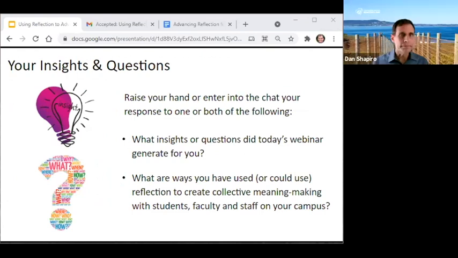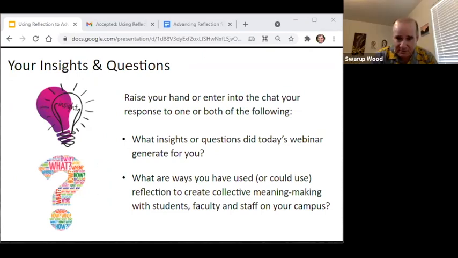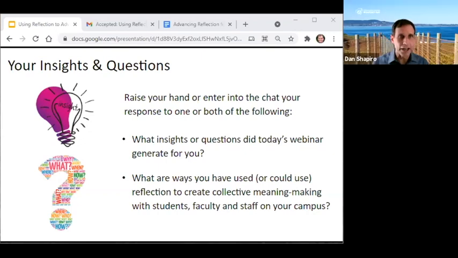And just while people are thinking about that, there are a couple of questions that came up. One of them was, while you're talking about outcomes, what class sizes are you working with at the secondary and post-secondary level?